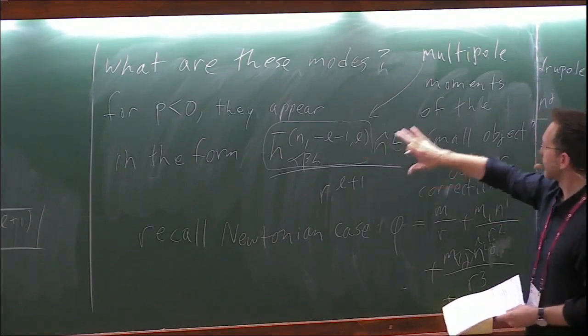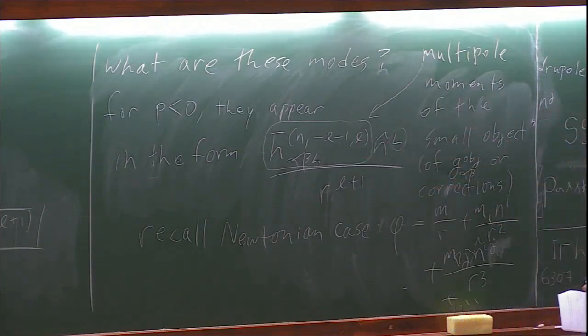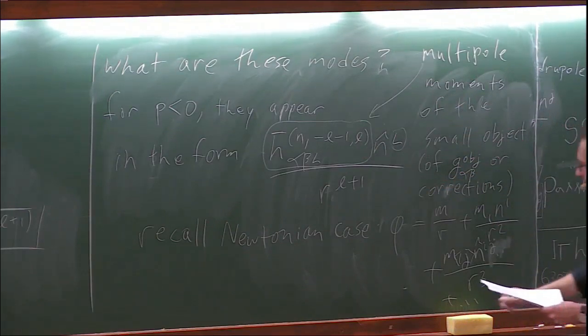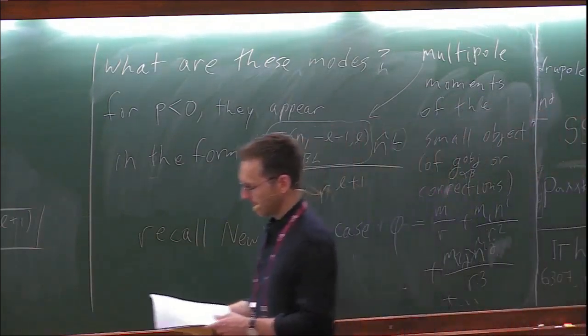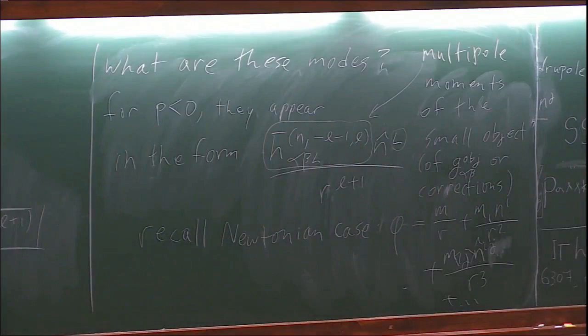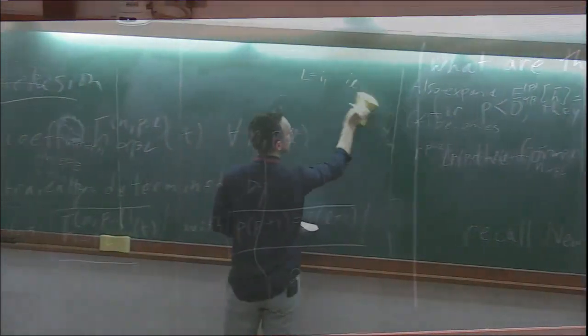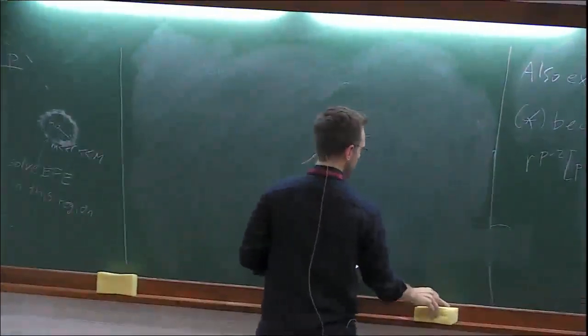So all of these can be associated in some way with multipole moments of the small object itself. Now, what about the case where P is greater than or equal to 0? Those are going to have also a nice interpretation.